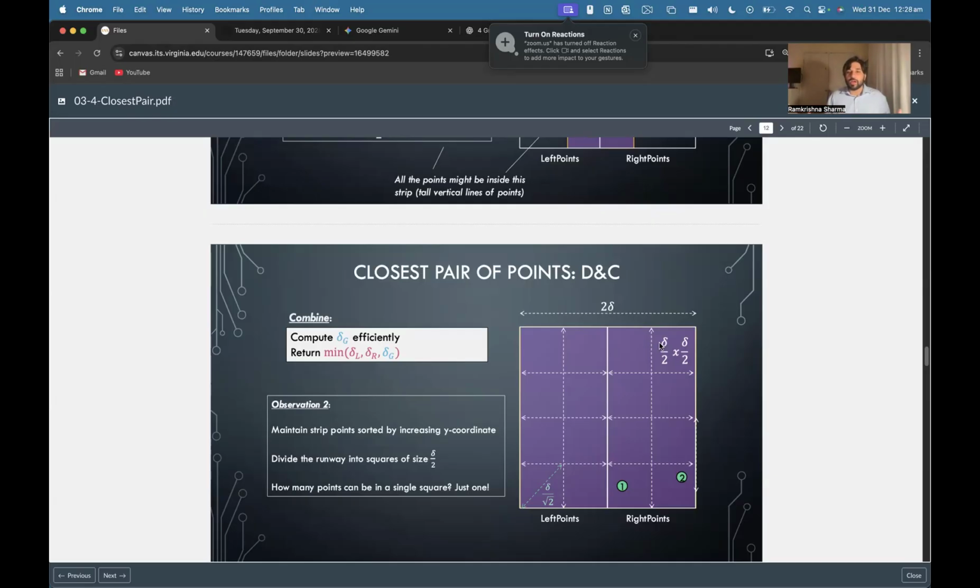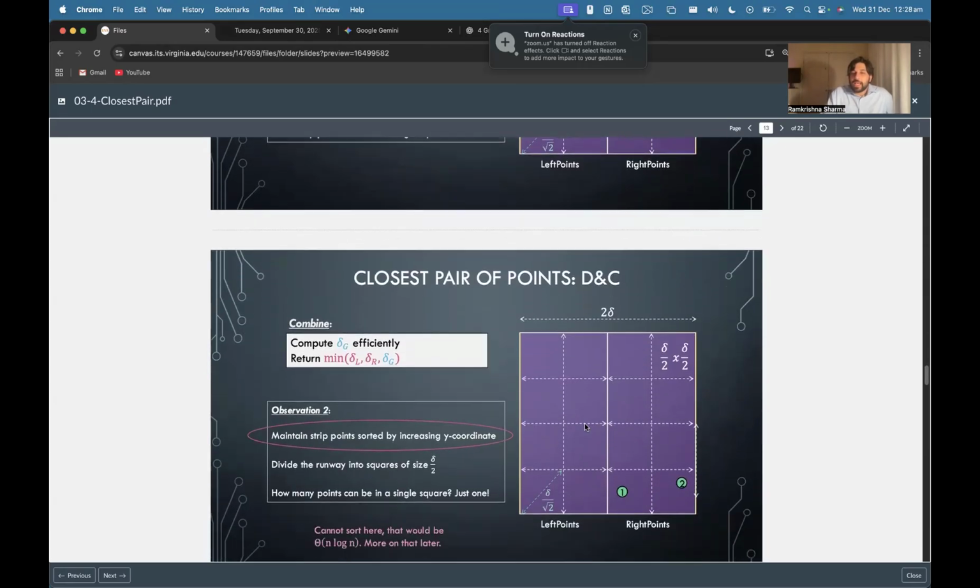And by nature of the construct, we've already said that the minimum distance from both the right and the left would have to be at minimum delta. You can't have 2 points in a box of delta over 2 times delta over 2 because that would be less than delta, and that would contradict what we said before about having delta as a minimum distance on the left and the right, which implies you can only have 1 point and still stay true to the paradigm.